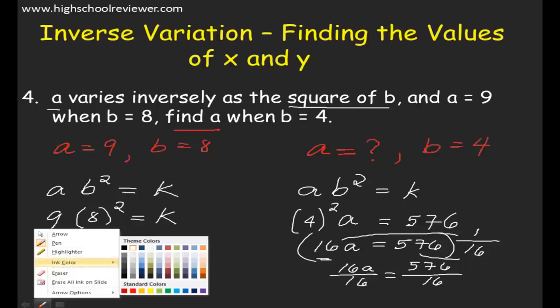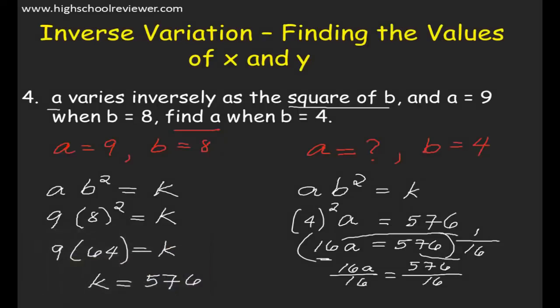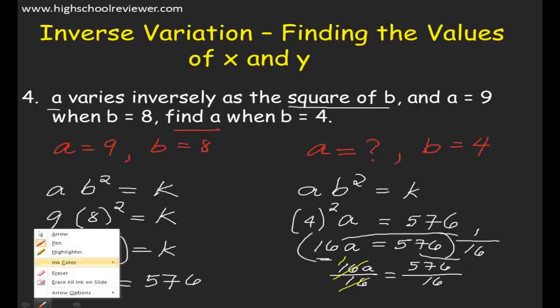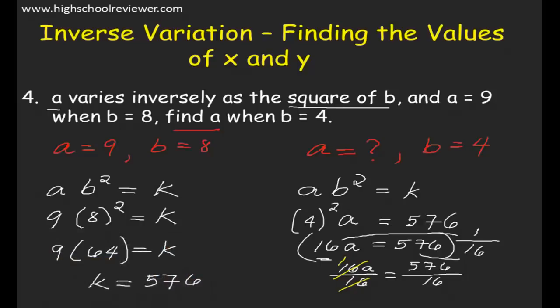So 16 divided by 16 will be equal to 1. So 1 times a is a. So this will be a equals, and we have 576 divided by 16. That will give us positive 36. So our a here is equal to positive 36 when b is equal to 4.